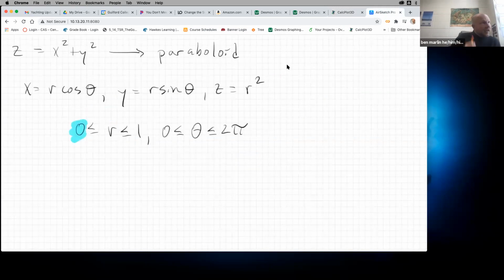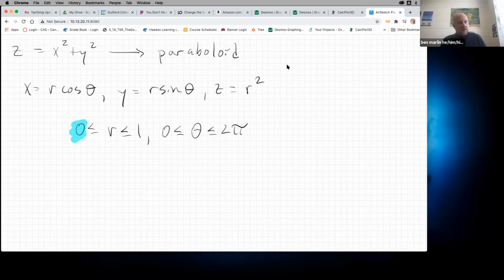Then we're going to look at this notion here of drawing a paraboloid. Right now, bear in mind, like with all the others, there's kind of a standard form to put things in. In this case, I've written z equals x squared plus y squared. You could just as easily have had y equals x squared plus z squared or something else. But we need one that's not squared and the other two being squared.